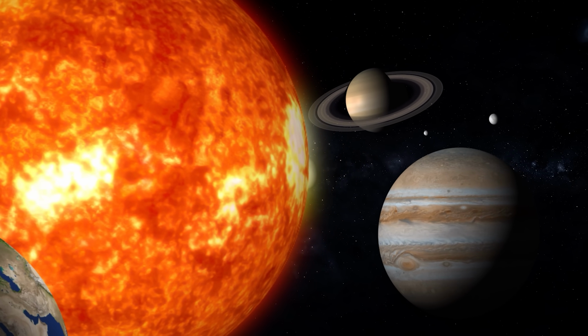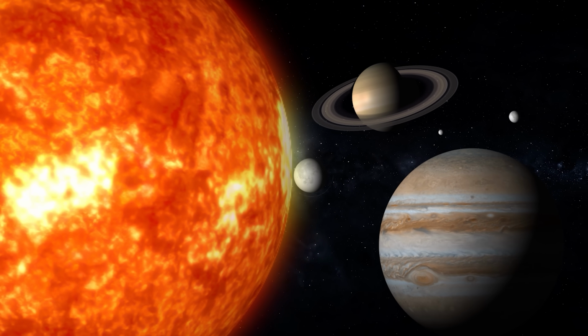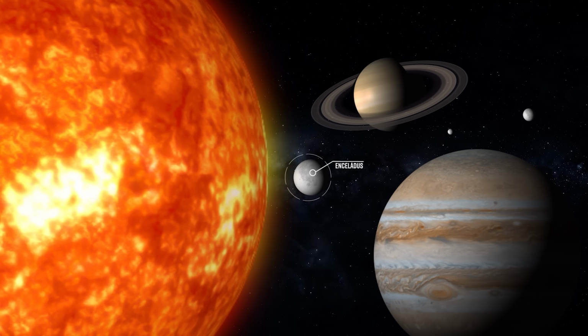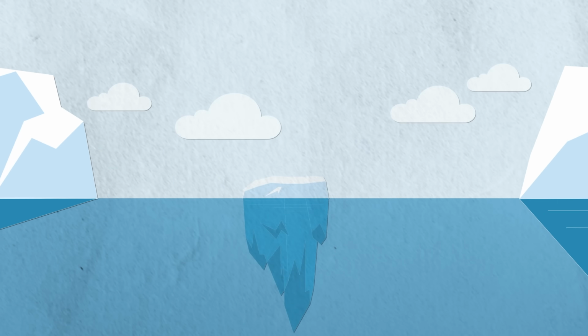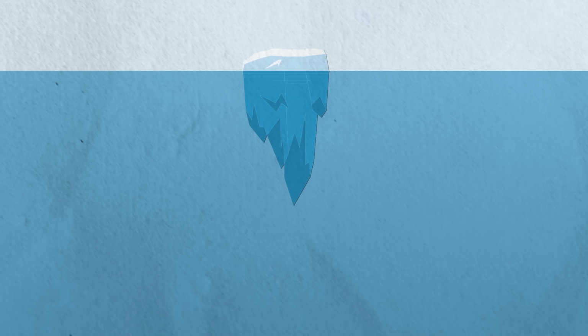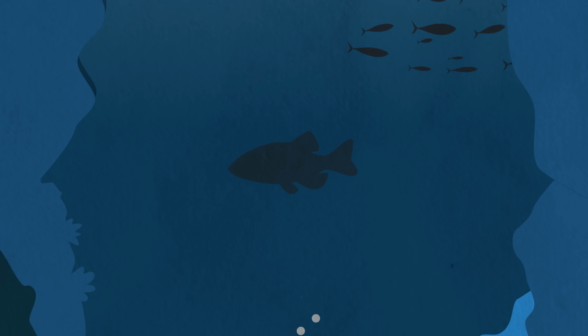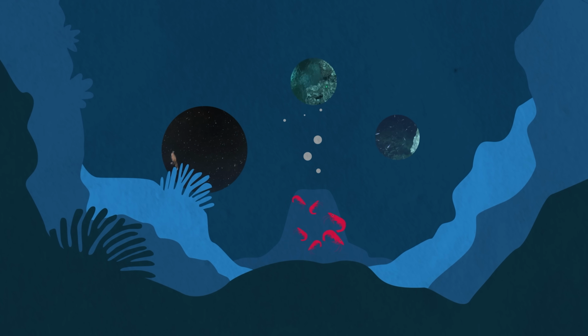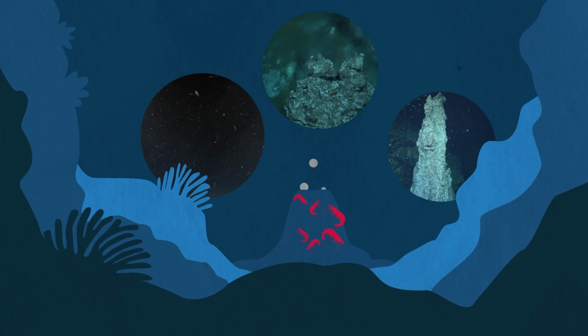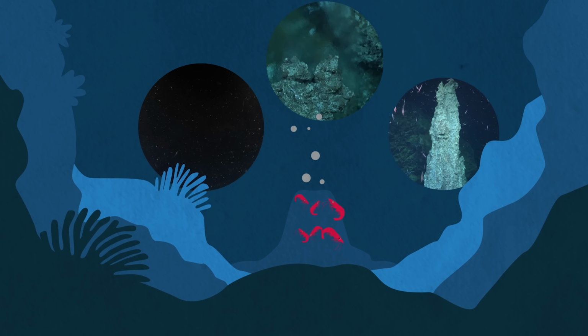The ice-covered moons around Saturn and Jupiter are really analogous to some of the habitats that we've been exploring on this journey. There's thick layers of ice, like the icebergs that we've seen, but underneath that, it's this dark place. But that's where life evolved on Earth, in the deep ocean, and likely around hydrothermal vents.